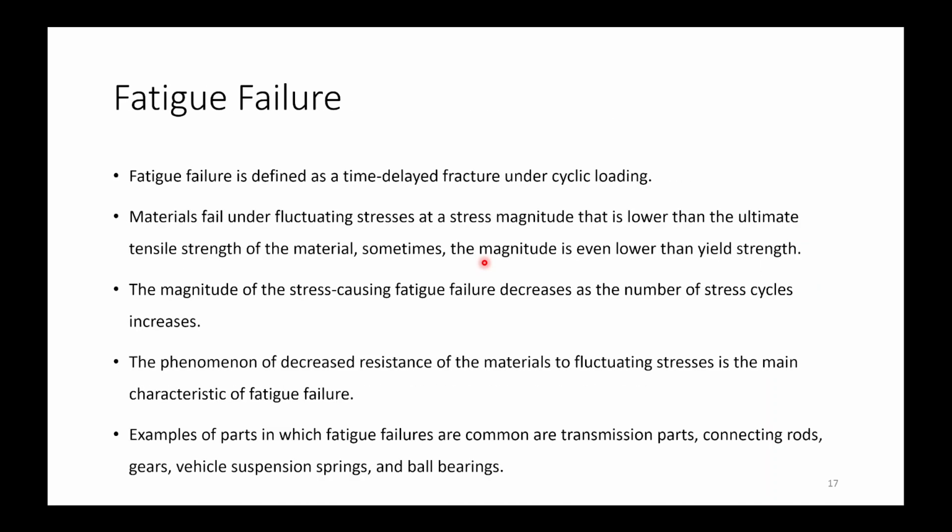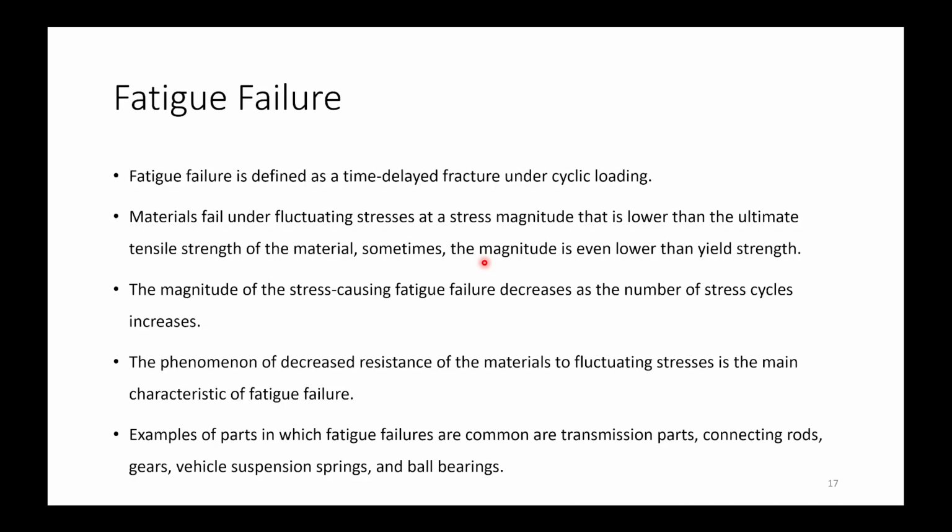Now fatigue failure is defined as the time delayed fracture under cyclic loading, and materials fail under fluctuating stresses at a stress magnitude that is lower than even the ultimate tensile strength of the material and sometimes even lower than the yield strength. The magnitude of the stress causing fatigue failure decreases as the number of stress cycles increases.